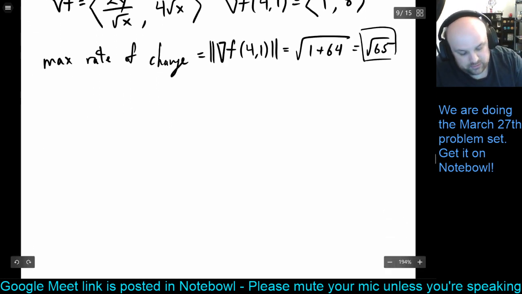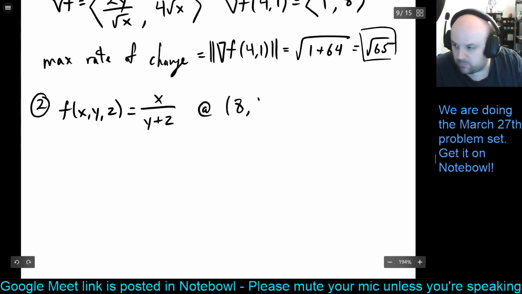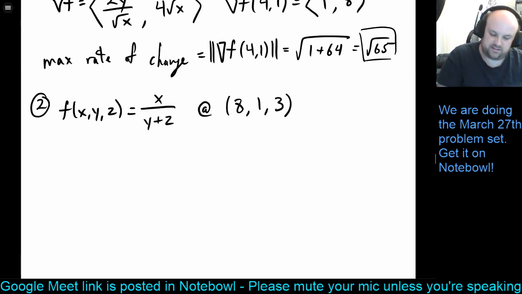All right, so go ahead and try this on your own for a second for the next function, and then we'll work through the solution. So this function at 8, 1, 3. Take a second to do that and see how it goes.